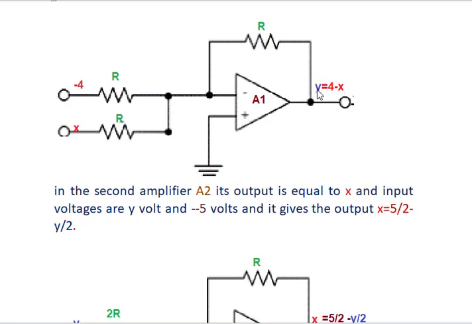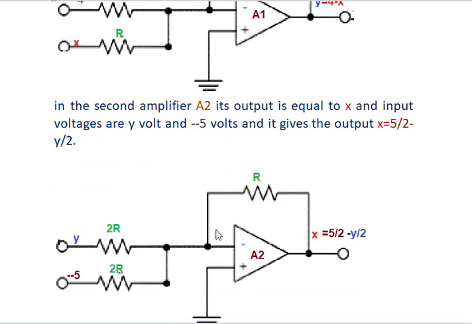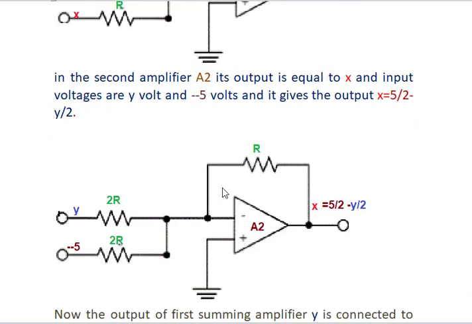Y is the output of the first summing amplifier. In the same way, for the second equation, the second summing amplifier is constructed and its output is equal to X, and the input voltages given to the second summing amplifier are plus Y and minus 5. Here the feedback resistor is taken as R and the input resistance is taken as 2R.